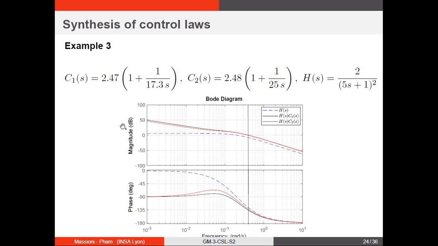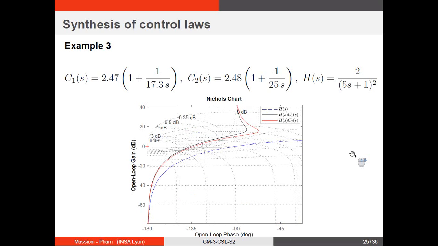And you can see them drawn in the Bode diagram here. And you can see that for both, you strike 0 dB at 0.4 radians per second. There is a little bit of difference in phase, having the second one a little bit more phase margin. Same story in the Nichols chart, or Nichols-Black diagram, if you like.